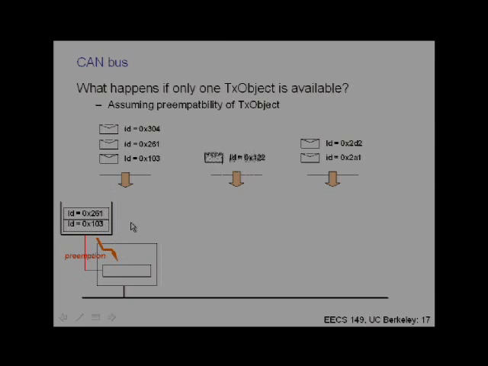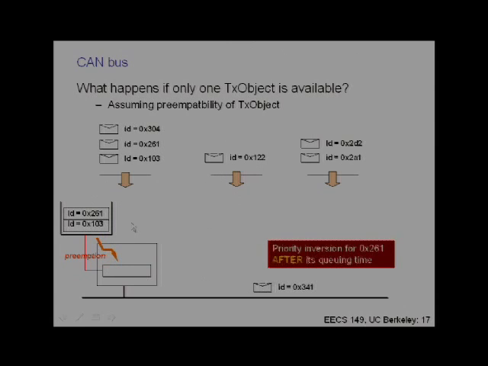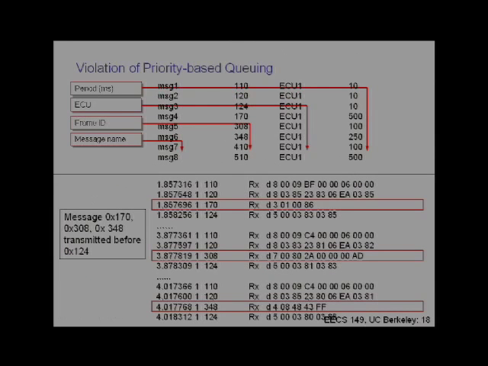So this is actual data from an automotive company, and this is a log. In the log, what you're seeing is, I think, the time at which messages were sent. This field is the priority field.